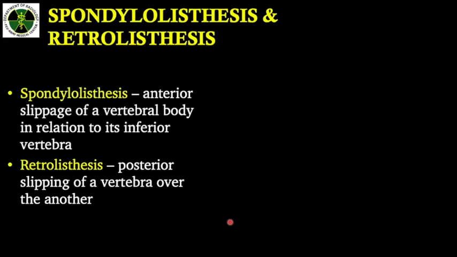Spondylolisthesis is actually a general term for slippage of the vertebral body, but for our institution, we usually use this term to denote anterior slippage in relation to the inferior vertebra, while retrolisthesis is a more specific term because retro means posterior, so there is posterior slippage of a vertebra over the lower vertebra.